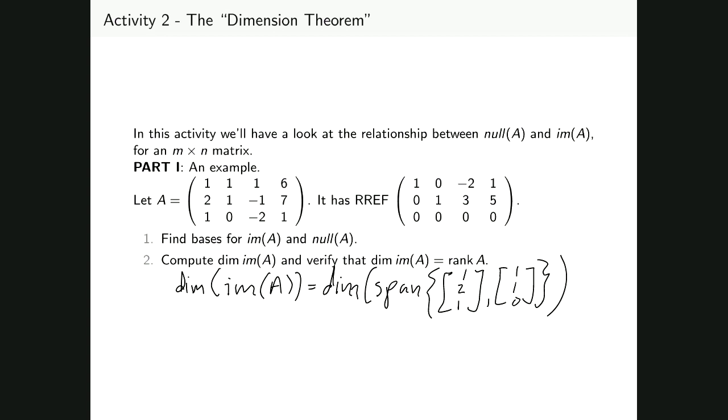Notice that these two vectors are non-parallel. They're linearly independent. So the dimension of the span is going to be the number of vectors, which is 2.